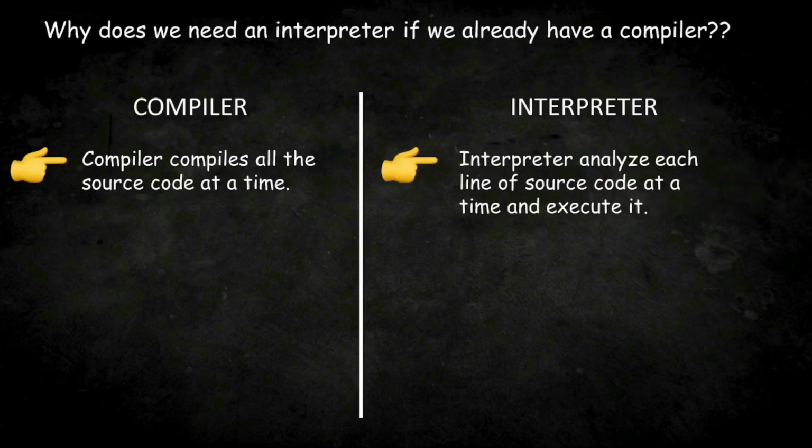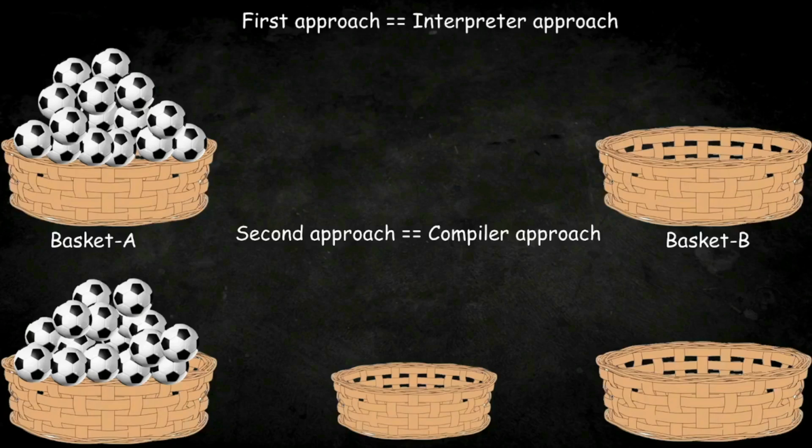Now we will understand this point by an analogy. For example, you have some balls in basket A and the task is to move these balls from basket A to basket B. There are basically two approaches to complete this task.